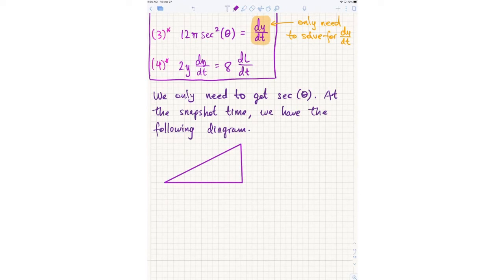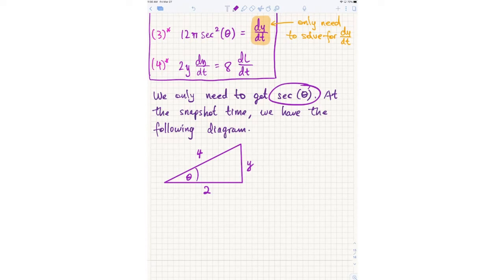That's supposed to be a right triangle, but whatever. All right, so here's theta. This distance was 2, this distance was 4, and this distance is y. I don't even need to know what y is. This is the diagram of that snapshot time, and I only need to know: can I already get secant theta? Do I even need the value of y?